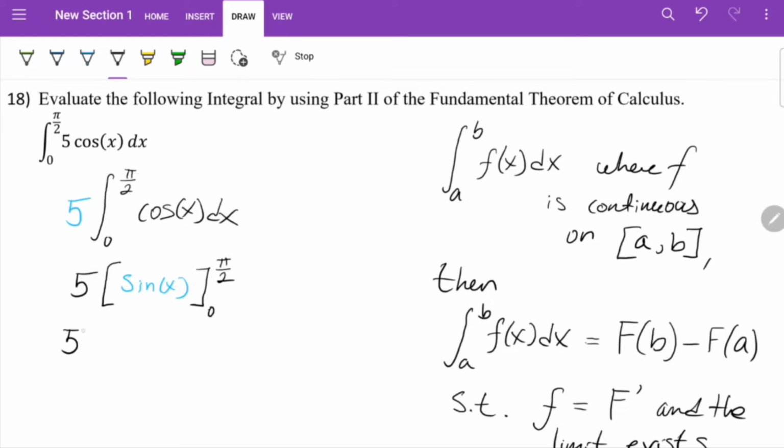So that's going to be 5 times, in brackets, sine of pi over 2, minus sine of 0.